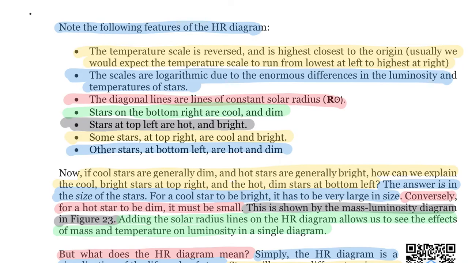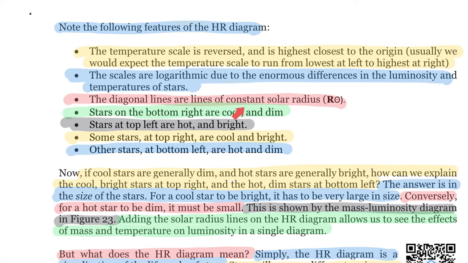So just very quickly, let's summarize the features of the HR diagram that are important to take cognizance of. The temperature scale is reversed, as we've mentioned: highest closest to the origin, and coolest furthest away from the origin. The scales are logarithmic due to the enormous differences in the luminosity and temperature of stars, which means it's not linear like we would normally use in school.